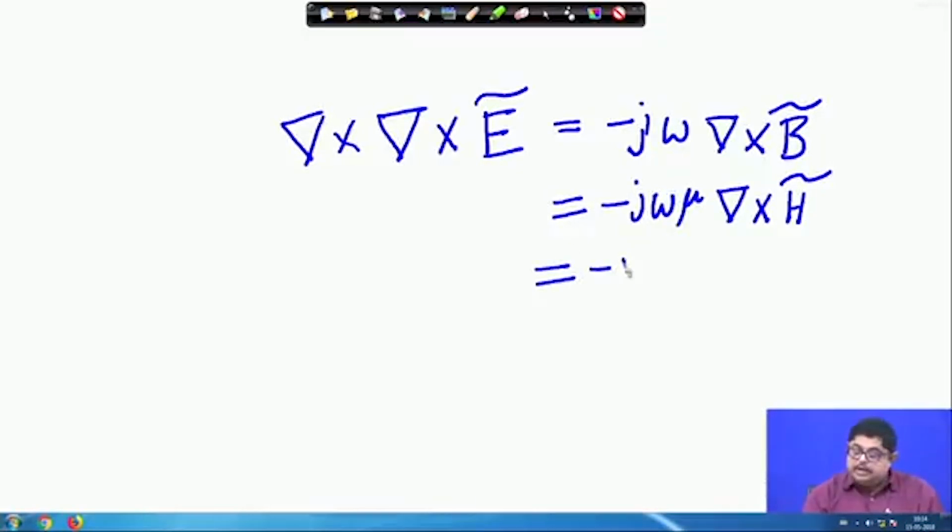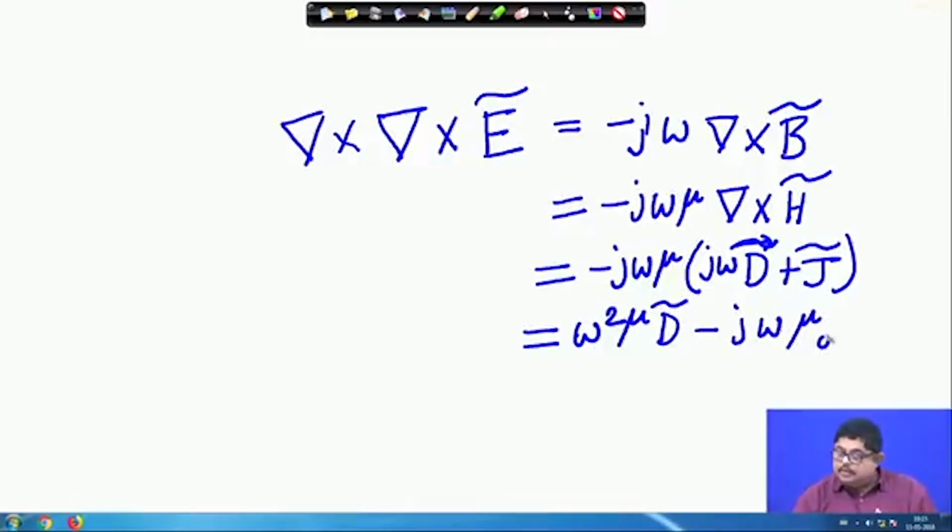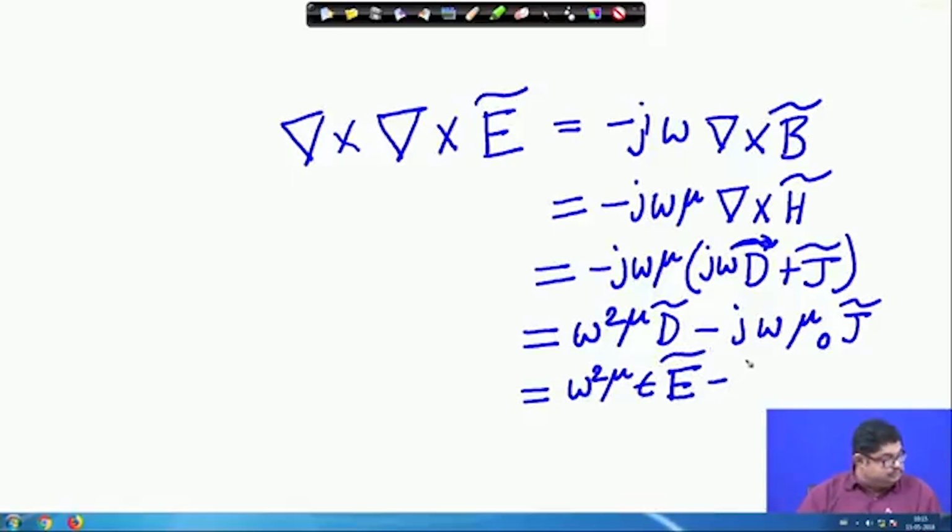So, I can put that minus j omega mu, then in place of that I will put j omega epsilon, and then again by putting the constitutive relation, I can write this as omega square mu epsilon, again using the constitutive relation.